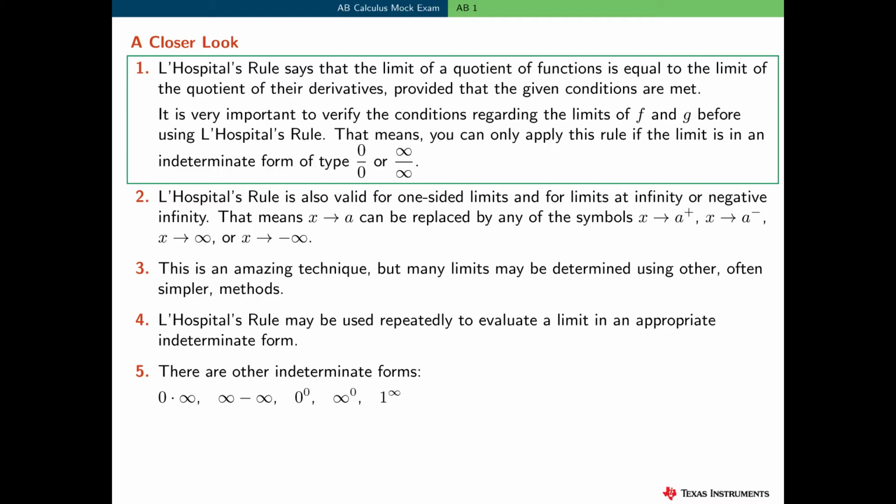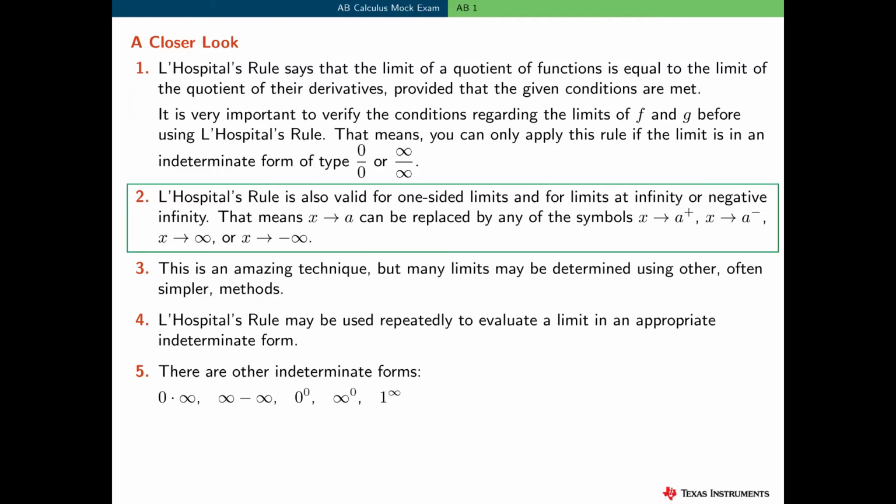It's very important to verify that the original limit is in an indeterminate form of type 0 over 0 or infinity over infinity. You can't just arbitrarily apply this rule to any limit of a quotient. L'Hopital's Rule is also valid for one-sided limits and for limits at infinity or negative infinity, again provided that the original limit is in one of the indeterminate forms.